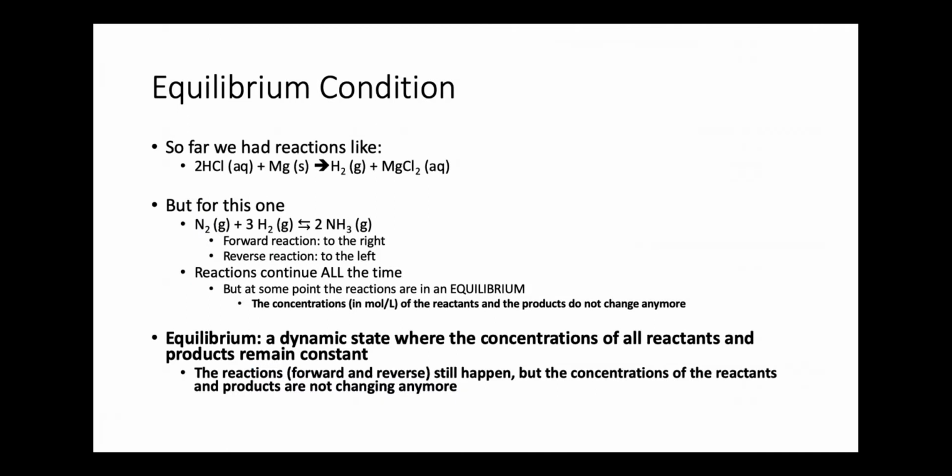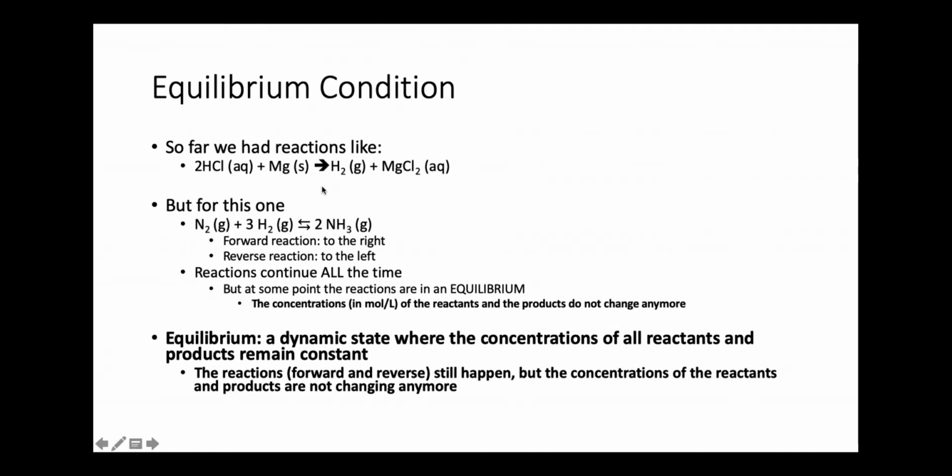Equilibrium. Equilibrium with reaction both ways, forward and reverse. First, when you finish this presentation, watch the presentation again on Schoology and look for this YouTube movie. So equilibrium. So far we looked at reactions where reactants result in products, and we have the reaction arrow.